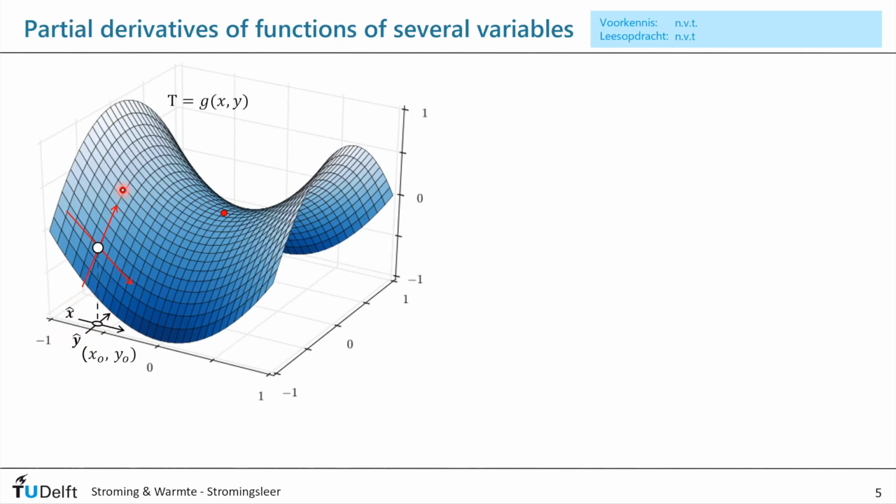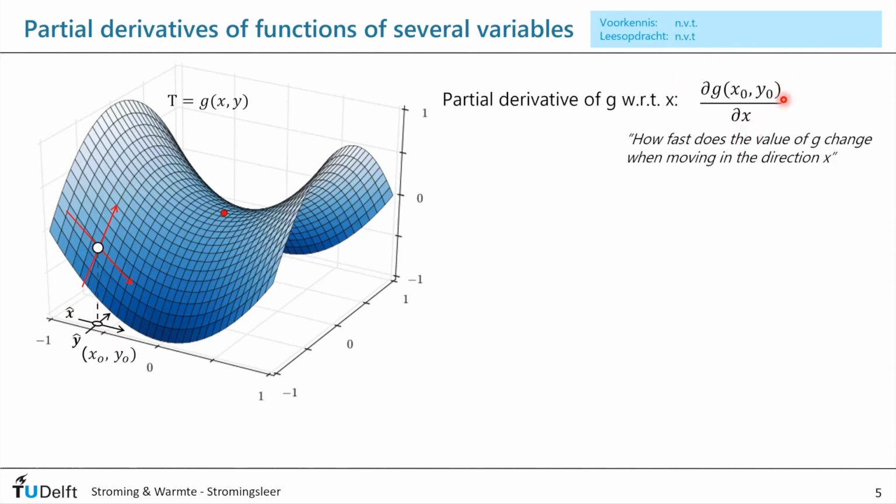So for a function of several variables, we cannot define a single derivative which is going to tell us how the function varies. For this function of two variables, we need two numbers. We need to know first how the function varies in the x direction when y is constant, and that is the definition of the partial derivative of g with respect to x. This partial derivative tells us how fast the value of g changes when we are moving only in the x direction.